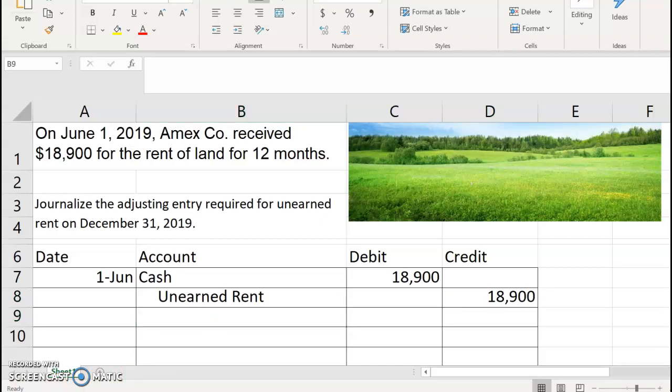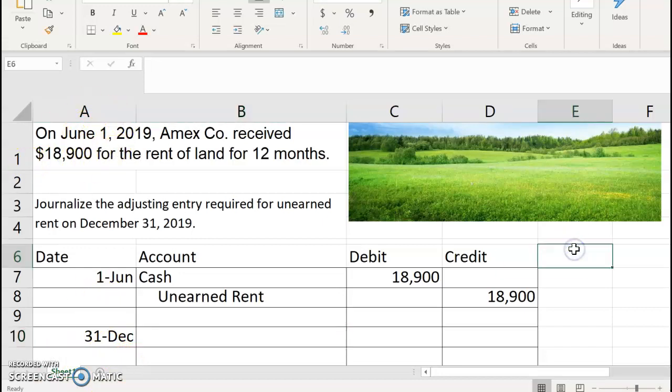So the next part is what the problem is asking you to journalize, the adjusting entry for unearned rent on December 31st, 2019. So here we have the passage of time, so December 31st. Okay, so it started June 1.